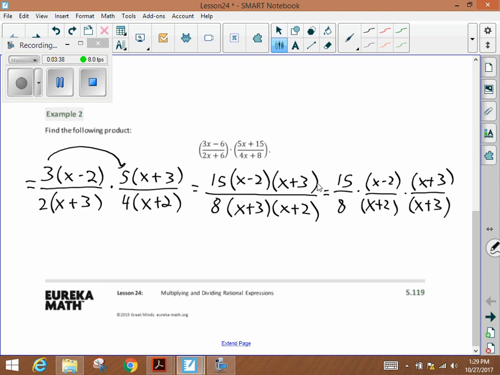I can do that. It does not violate any rules of mathematics. And here we can see that this thing is equal to 1. That's why a lot of times you'll cross it out. They'll say it cancels. And really what's going on is that there is a 1 in there. And when you multiply 1 by something, it doesn't change it at all. So my result then is 15 times x minus 2 over 8 times x plus 2.